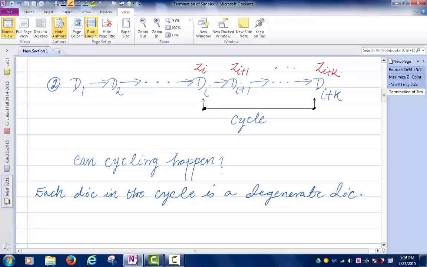If going from Di to Di plus 1 the value of the objective function does not change, then the current dictionary Di has to be degenerate. So use that and tell me why all dictionaries are degenerate.